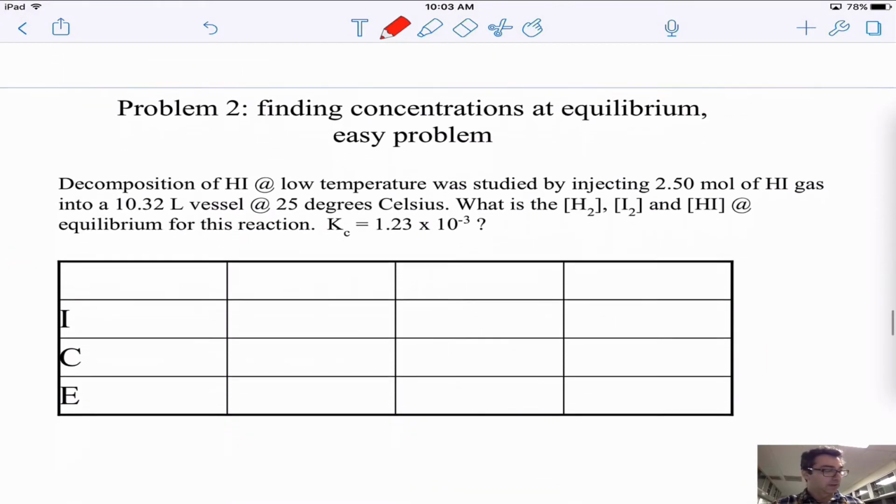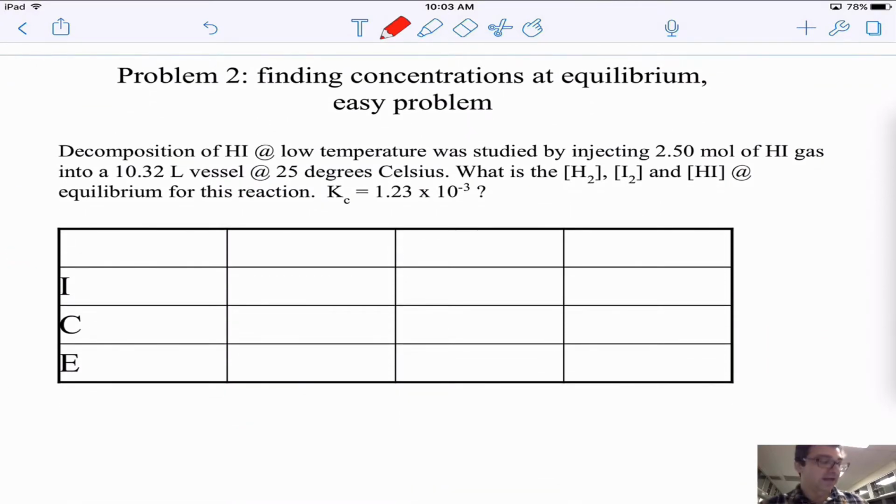Now here's another problem in which they want you to find the concentrations. They give you Kc. This reaction is a decomposition of HI. So our reaction is 2HI, when I balance it, yields H2 plus I2. It's the same one we did in class. And then I like to fill out my ice table, HI, H2, I2, and put in my values.